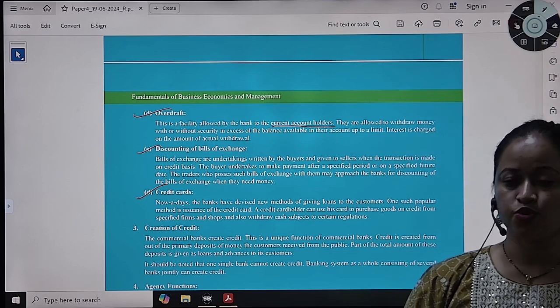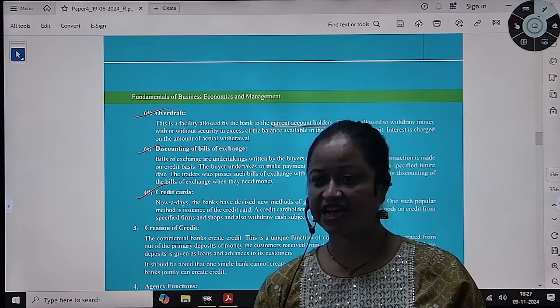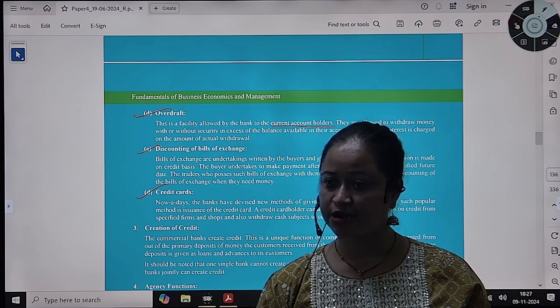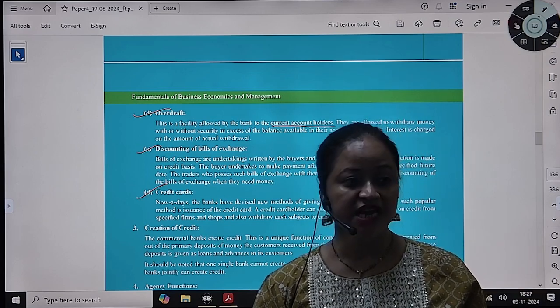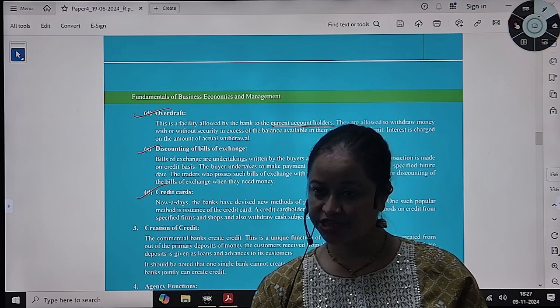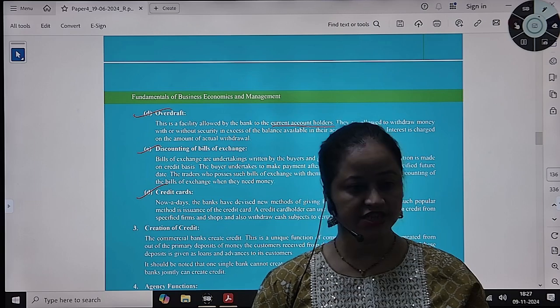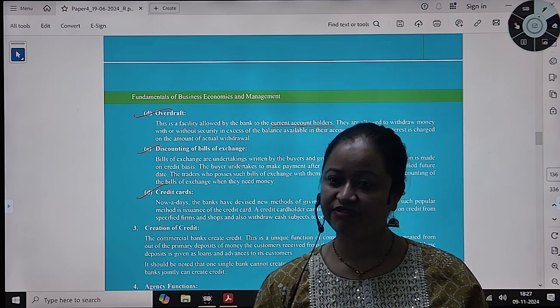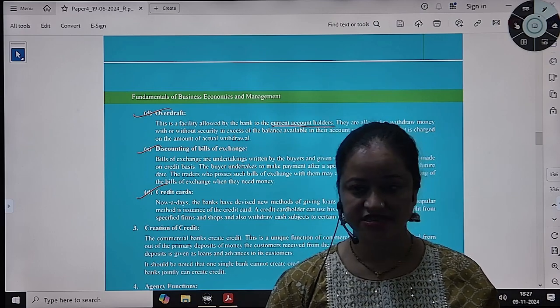Fine. So in accepting deposit, we have the accounts, how the banks accept deposit from the public with the help of opening current account, saving account, recurring deposit account, and fixed deposit account. That is your term deposit account. That ranges from 1 year, maybe for 5 years, or maybe for 10 years, 8 years, right?